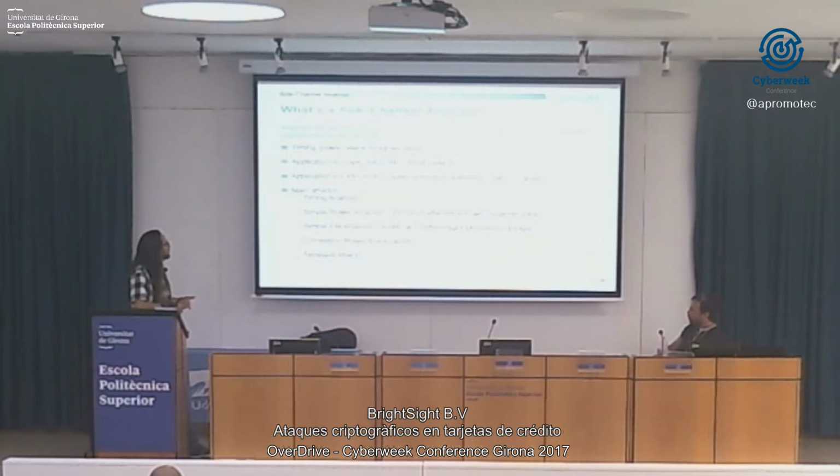Timing analysis, as I said, simple power analysis, which is basically a visual inspection technique to extract information from the power traces. Differential power analysis, which also implies a statistical analysis. The same for the electromagnetic leakage source, with SEMA and DEMA. Correlation power analysis with power and electromagnetic traces, and template attacks.